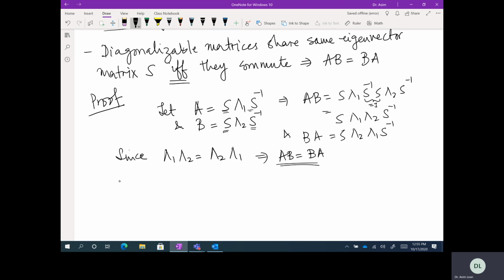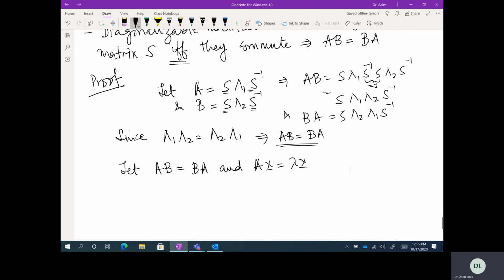The other side is, let AB equal BA. Then we need to show that they share the same eigenvector matrix S, and Ax equals lambda x.